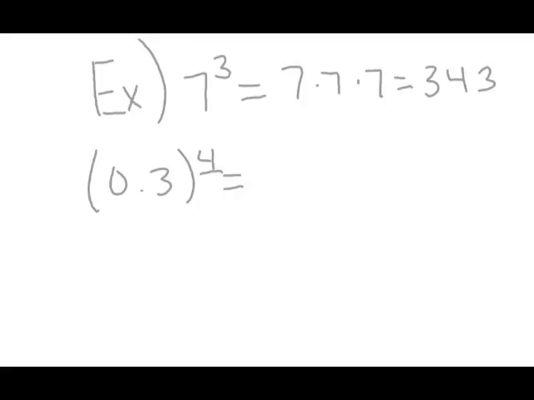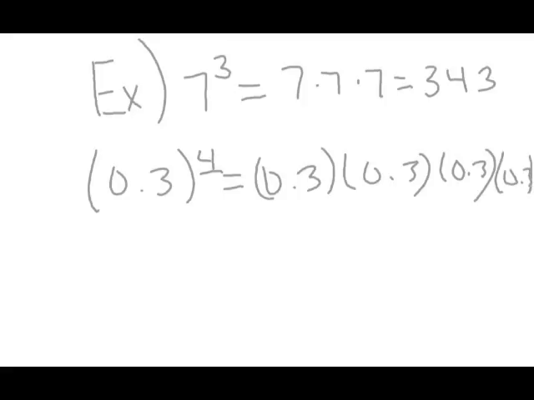So there would be 4: 0.3 times 0.3 times 0.3 times 0.3, which our answer would actually equal 0.0081.